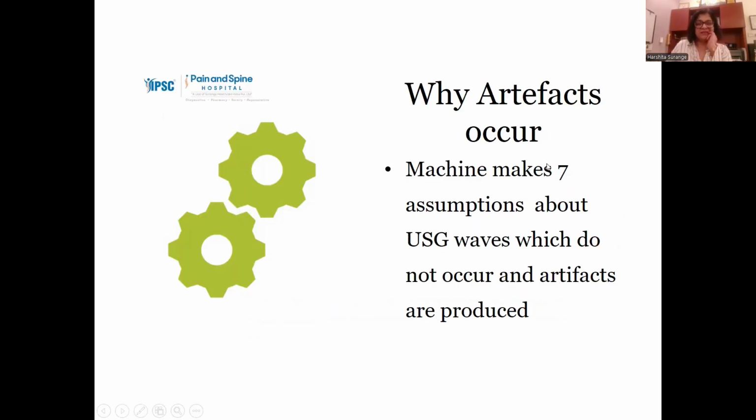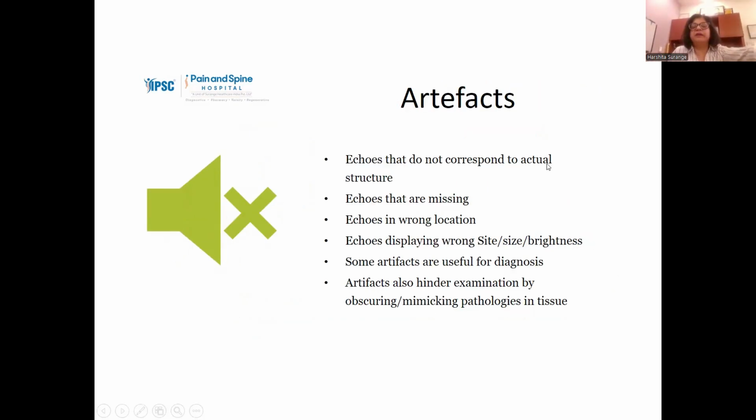So why do artifacts occur? The machine makes 7 assumptions about ultrasound waves which do not occur, and artifacts are produced. Why are these different types of artifacts produced? Sometimes we get echoes that do not correspond to actual structures.